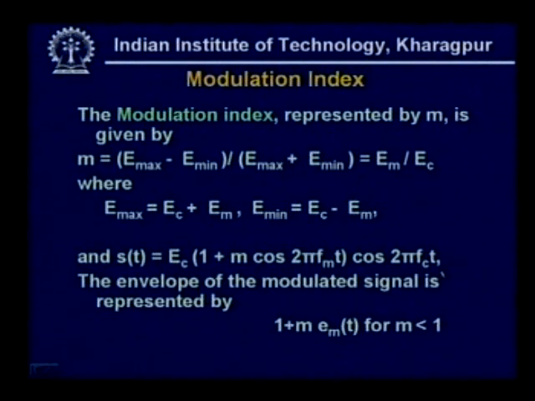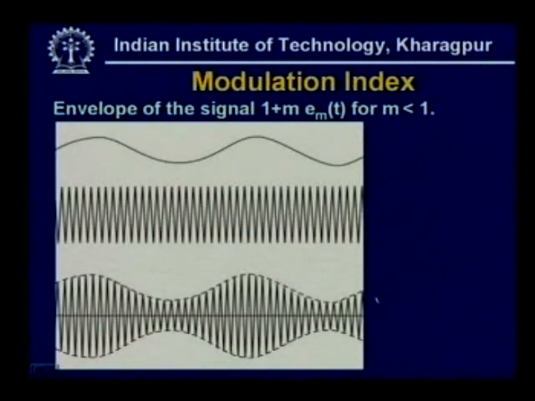And there is an important parameter called the modulation index, which is represented by M. M is given by (E_max − E_min) / (E_max + E_min). If you look at this diagram, here you see this is your E_min and this is your E_max of the modulated signal.